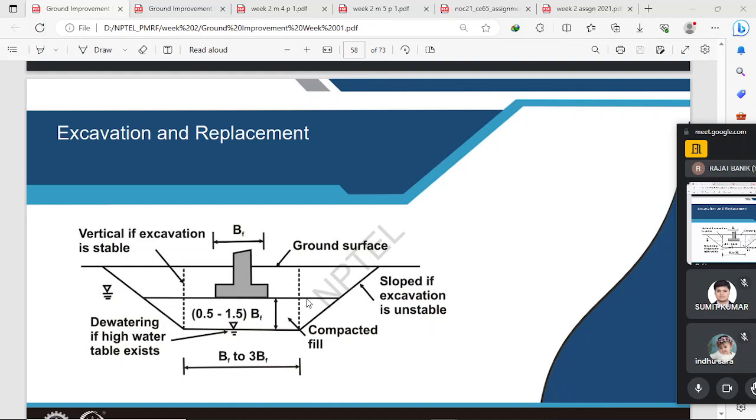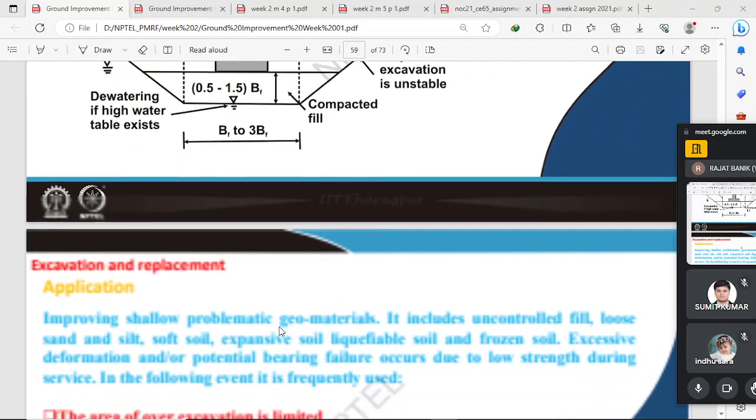Here it is shown that for problematic soil, the height of the soil replaced is 0.5 to 1.5 B_F, where B_F means the width of the foundation below the foundation level. The width of the excavation or replacement is B to 3B sometimes, depending on the different types of soil.